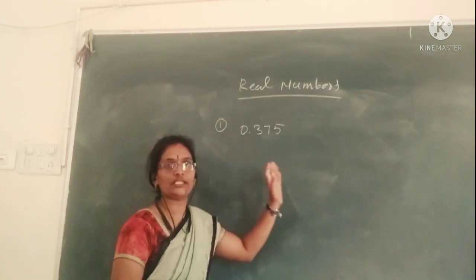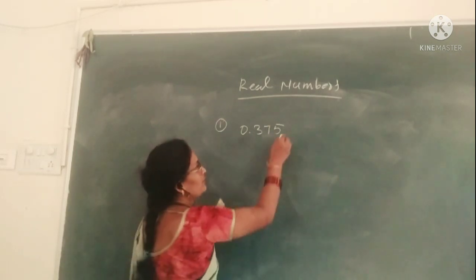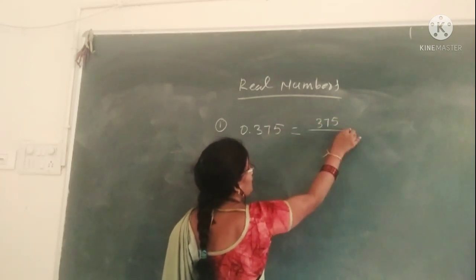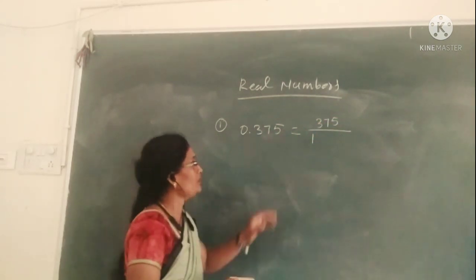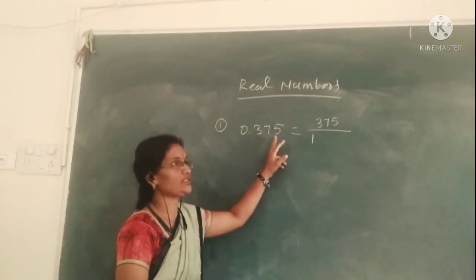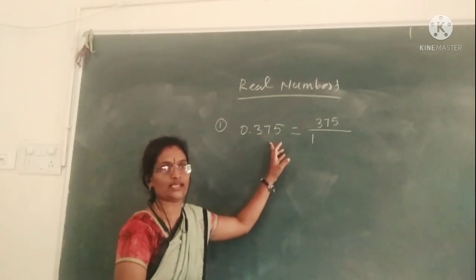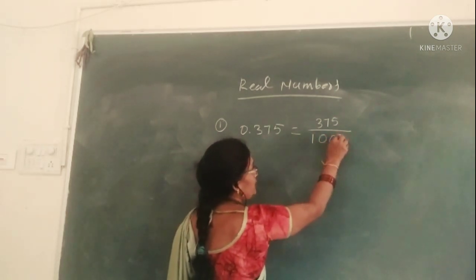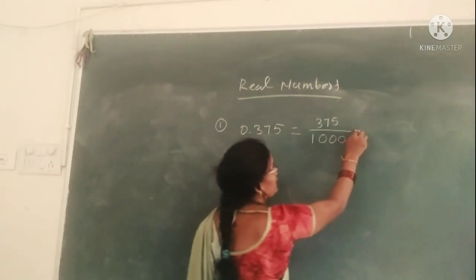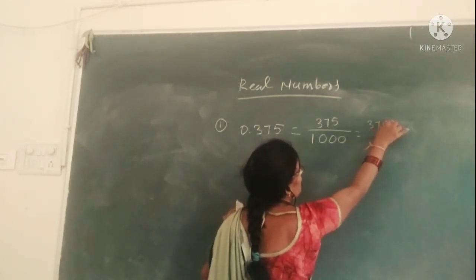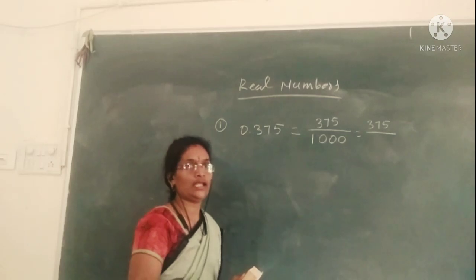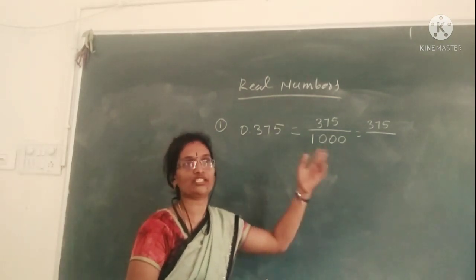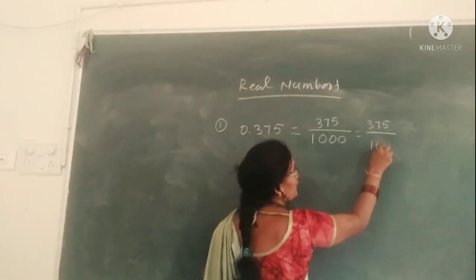Then we express it as p by q. How? We take 375 with denominator 1. How many decimal places are there? 3 decimal places, so we put 3 zeros. Then we write 375 by 1000, which has 3 zeros, and in exponent form that is 10 to the power of 3.